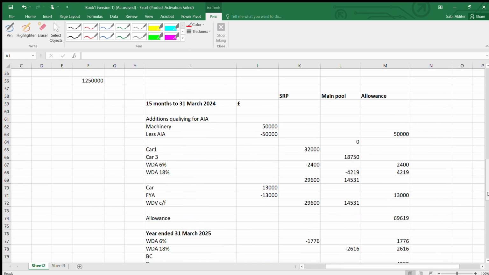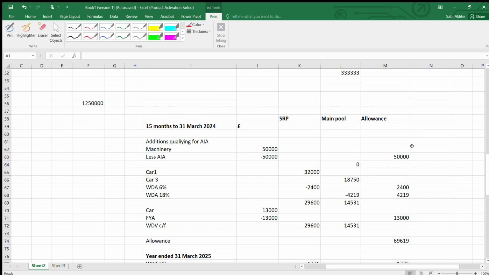In this I will change the figures for the tax years, starting with 2021-22, 2022-23, 2023-24, 2024-25, the 4 tax years.